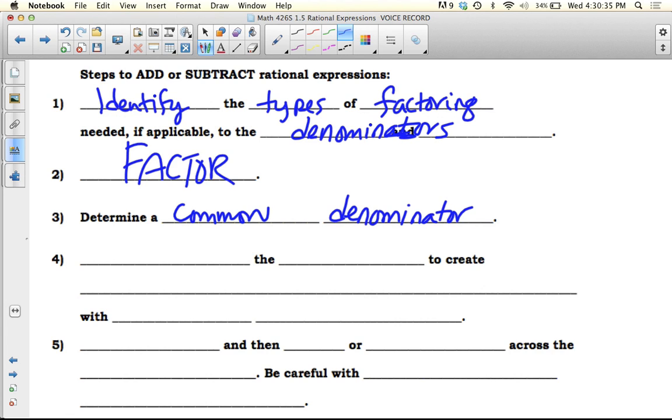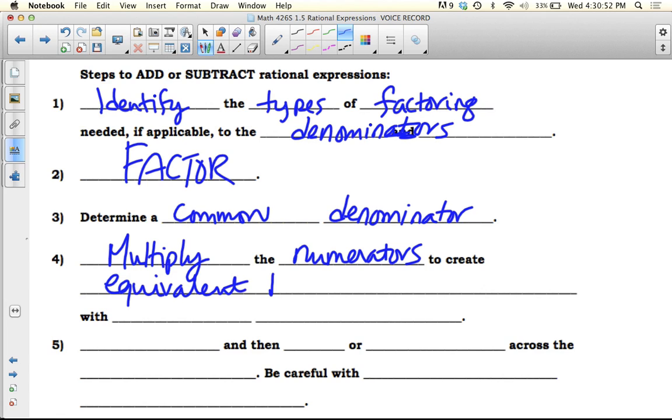Then once you determine your common denominator, we're going to multiply the numerators to create equivalent rational expressions, REs, which are basically like fractions of your polynomials.